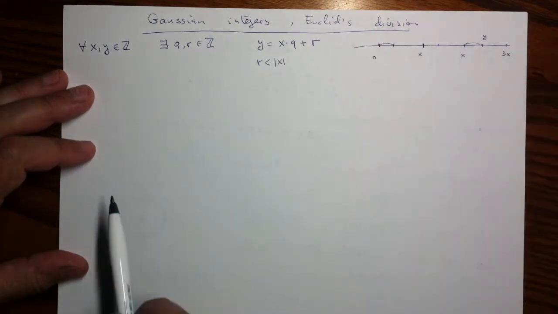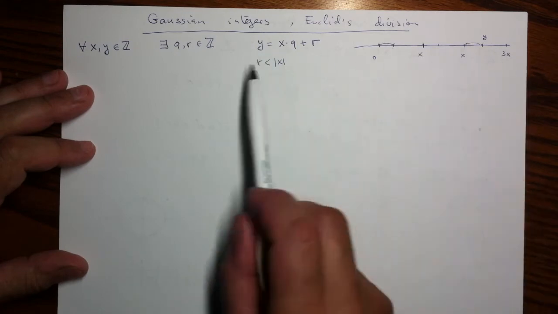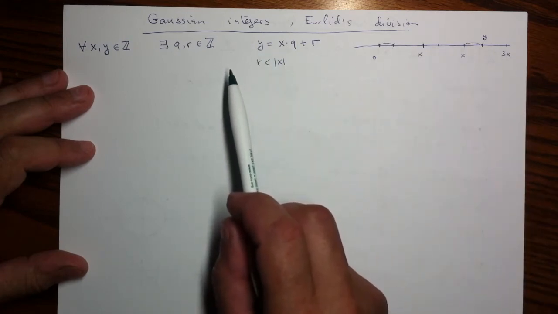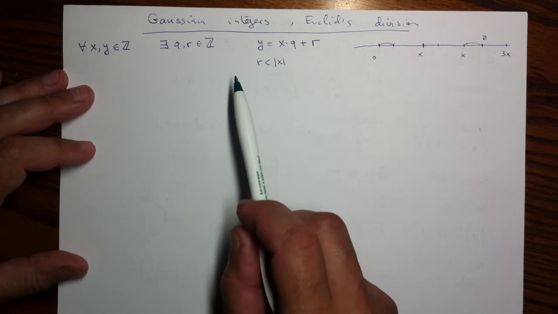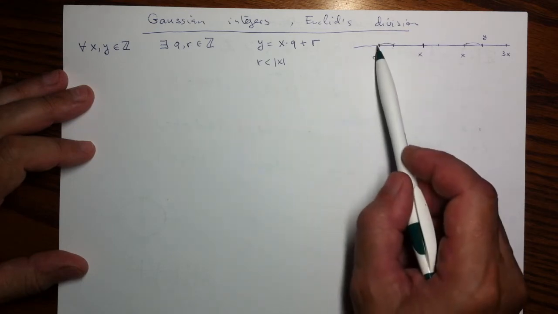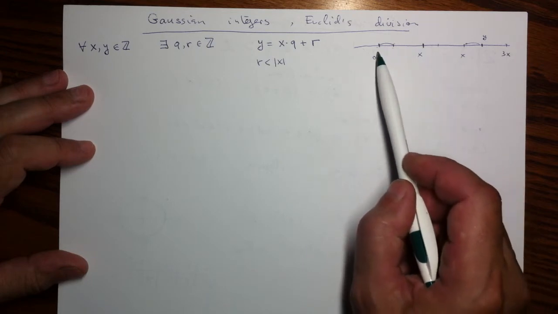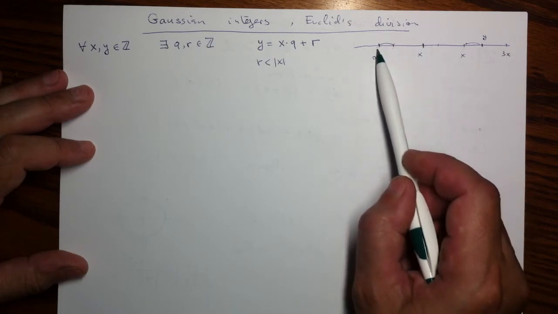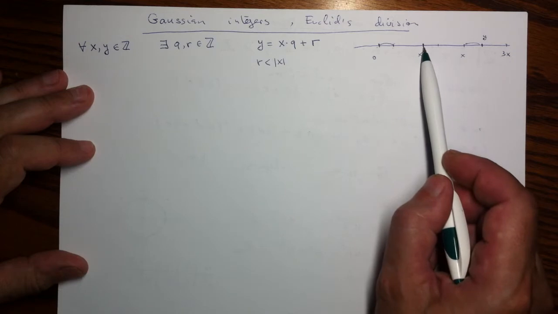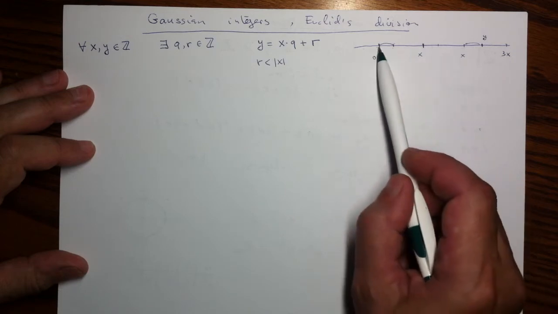So you can quickly convince yourself that anywhere on the line you could do these translations by the fixed distance x and bring any point down to this interval, and the interval will be such that 0 is included and x is not, because if it is x you can move it to 0.